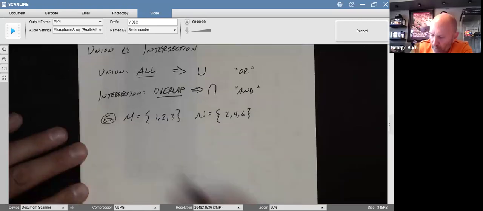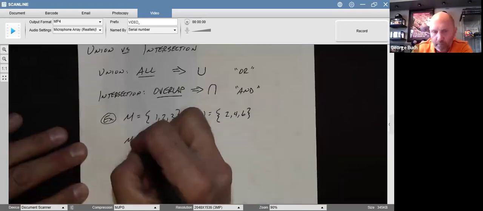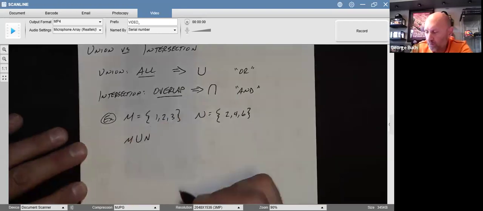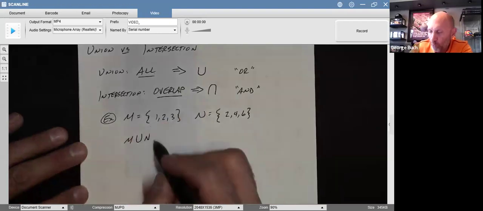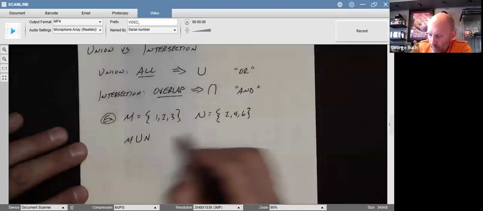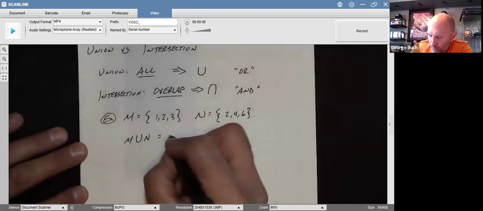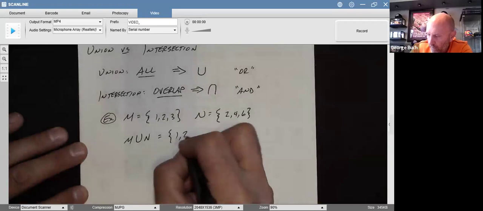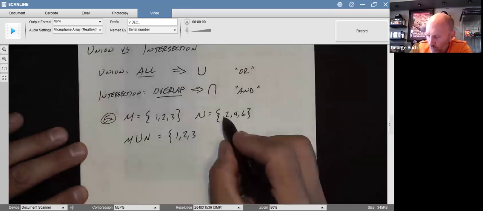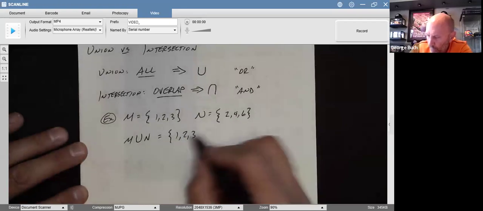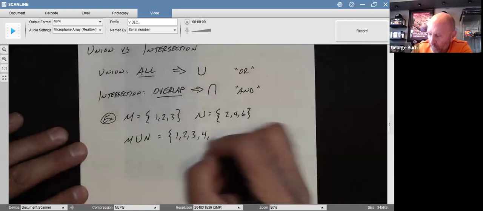So if I want M union N, it means what value is in M or N? Well, in M, I have 1, 2, and 3. In N, I have 2, which I already wrote down, 4, and 6.